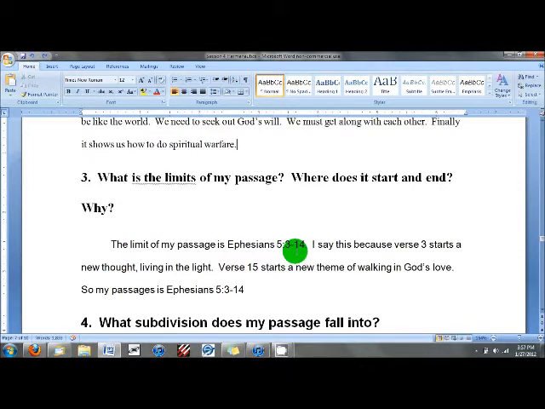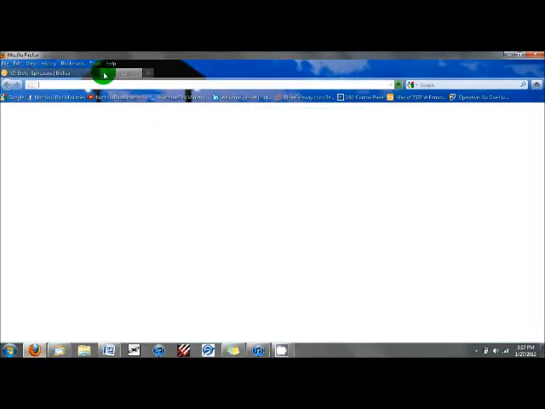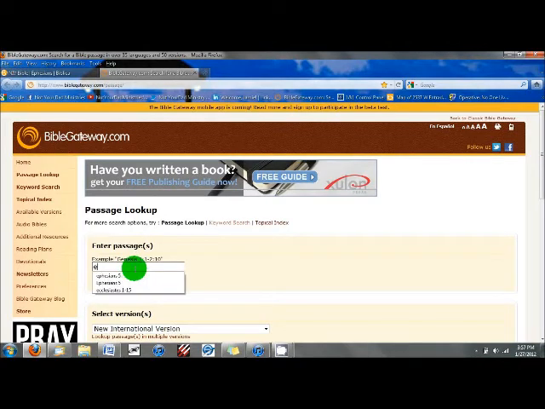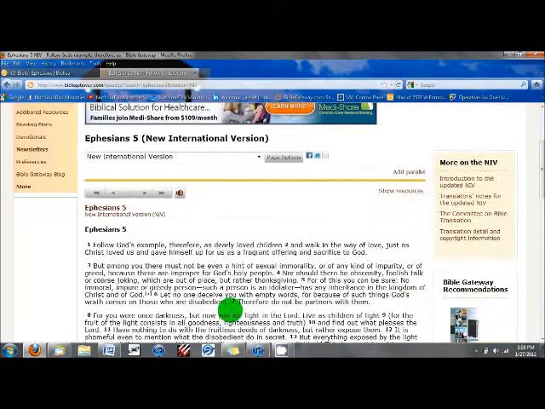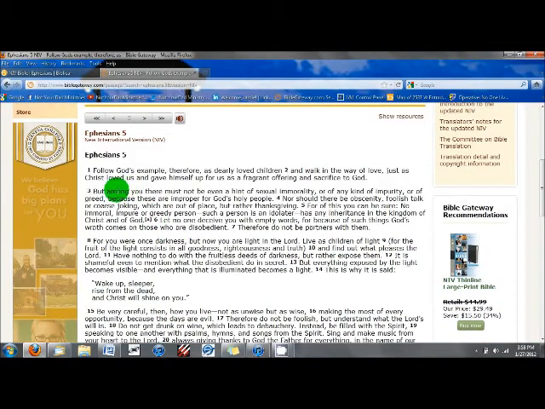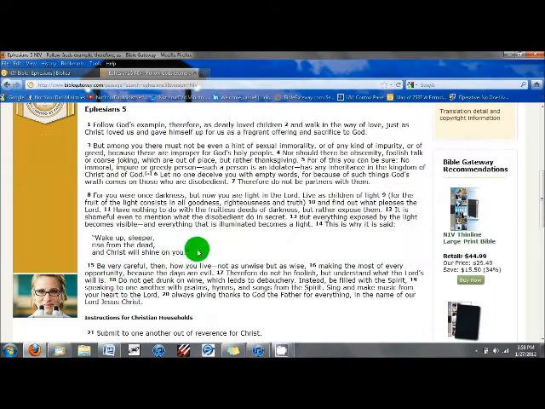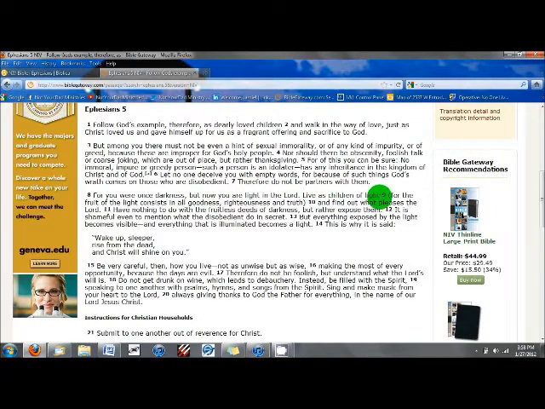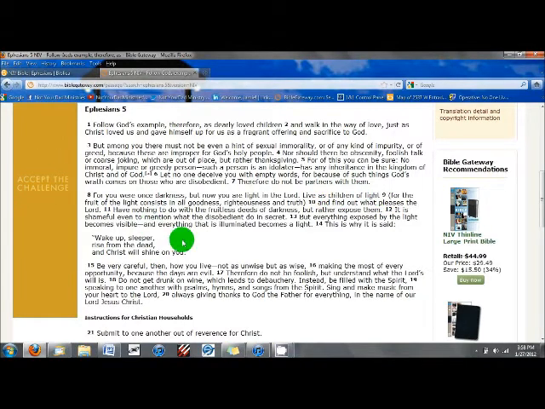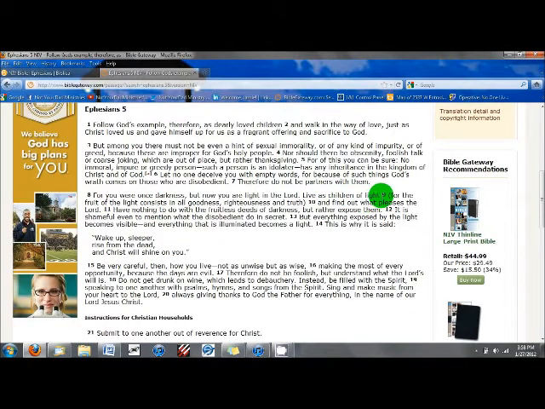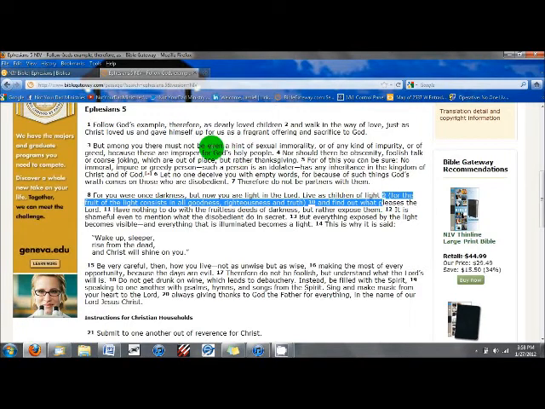Now, I originally had only picked verses 9 to 14, but when I went and looked at it, which I can do really quick here, on Bible Gateway, Ephesians 5, you can see that that's not the beginning of a thought. It's in the middle of a paragraph. Here you don't know what you're talking about unless you read further back.